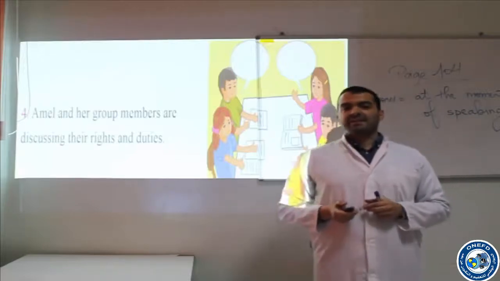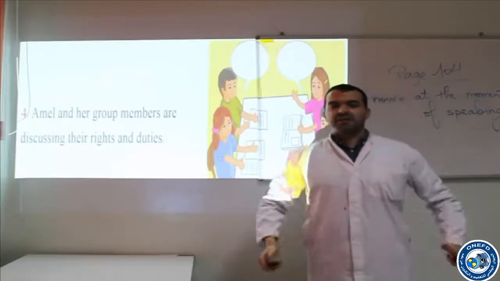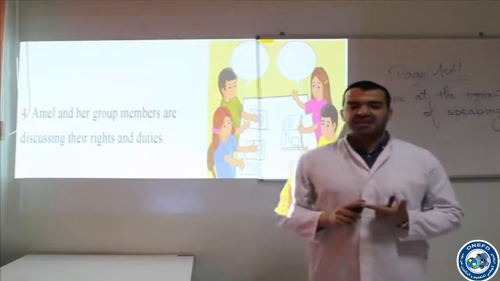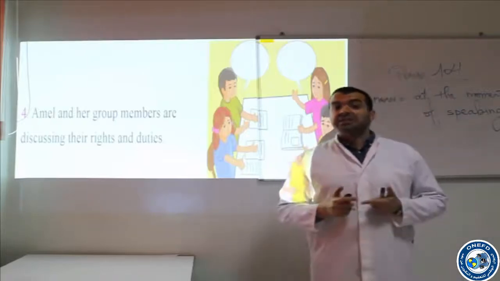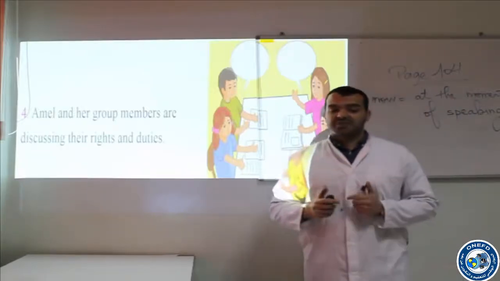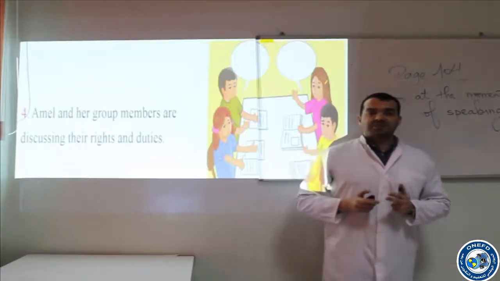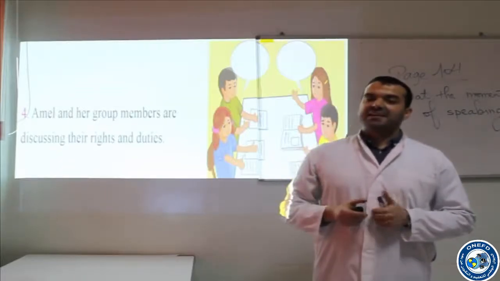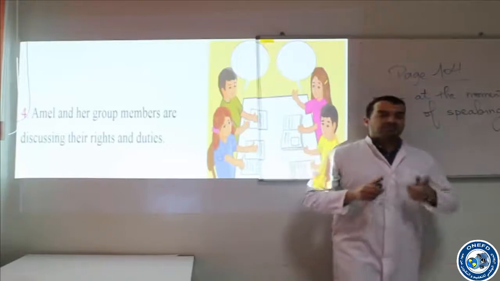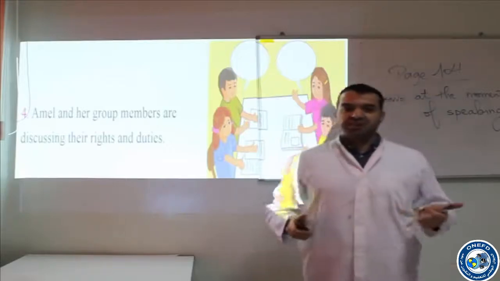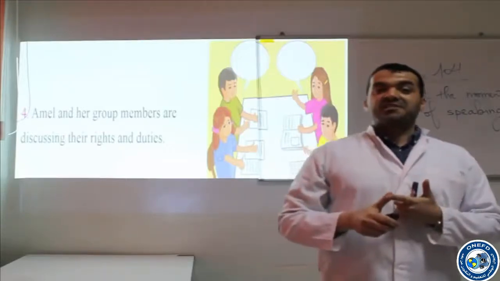For example, I stand for the national anthem. I have to respect and follow school rules, etc. What about your rights? For example, you have the right for a good and free education, you have the right for a safe environment, etc.